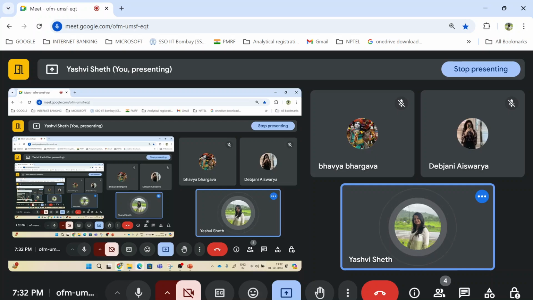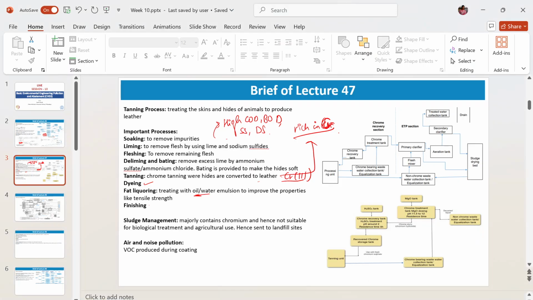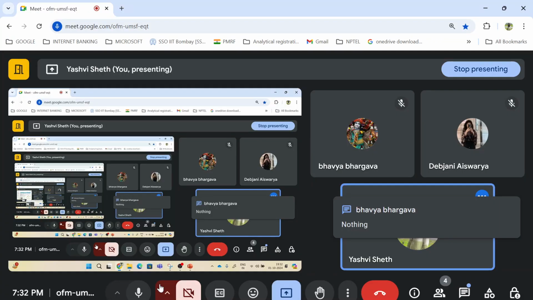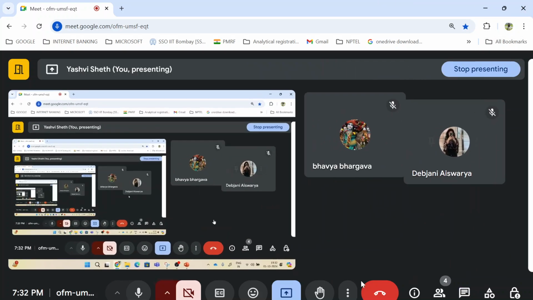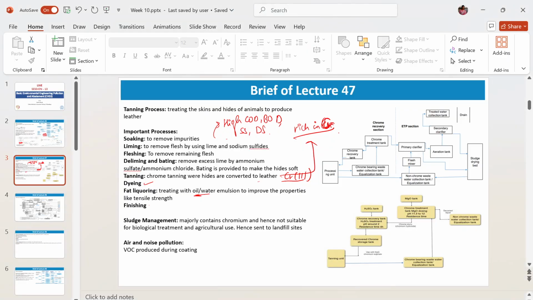Okay, so let me just continue. Here what we are following is we will be segregating two streams. One is the chromium-rich stream from the tannery process. Another is the wastewater generated from all the other streams, which might have negligible or very little chromium in it.